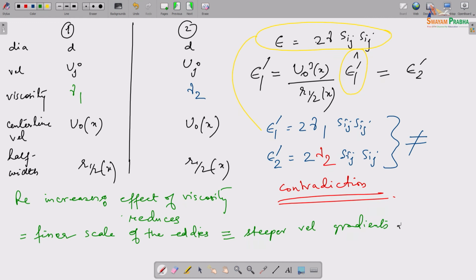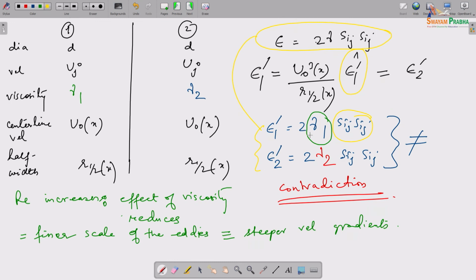So what I'm trying to say here is, as the Reynolds number increases, the effect of viscosity is less, but then this increases correspondingly. So in effect, these two can be said to be similar.